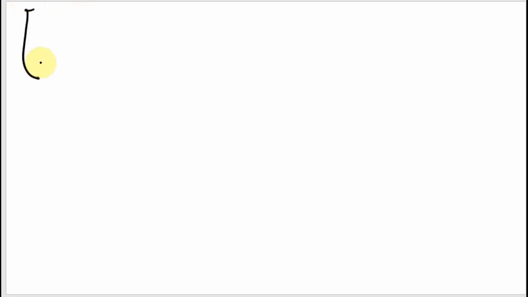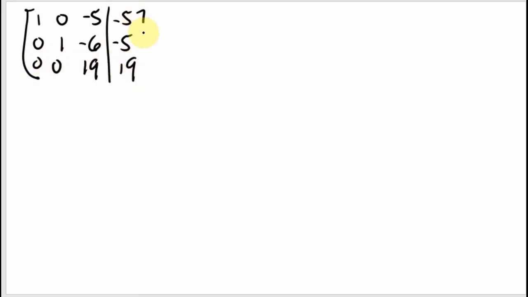Okay, so here's what we have: 1, 0, negative 5, negative 5, 0, 1, negative 6, negative 5, 0, 0, 19, and 19. So we can just divide by 19 for that row 3, that is multiply row 3 by 1 over 19.